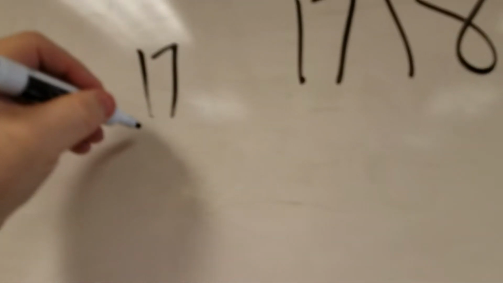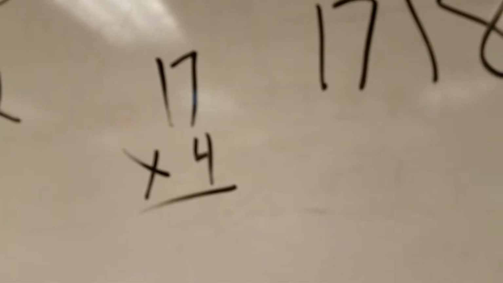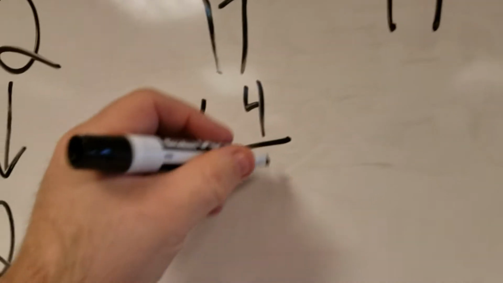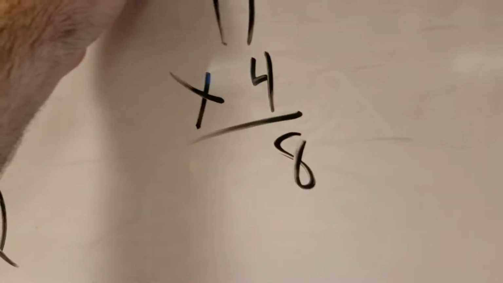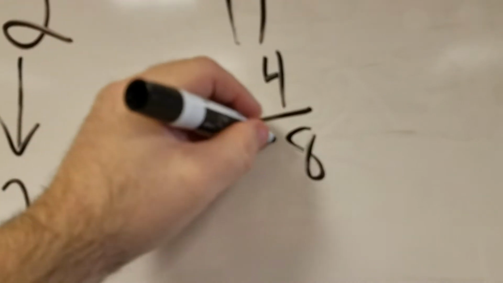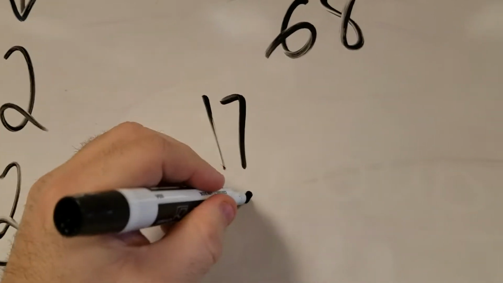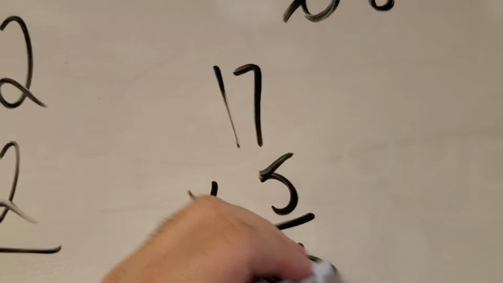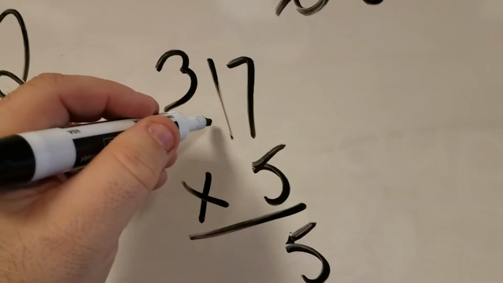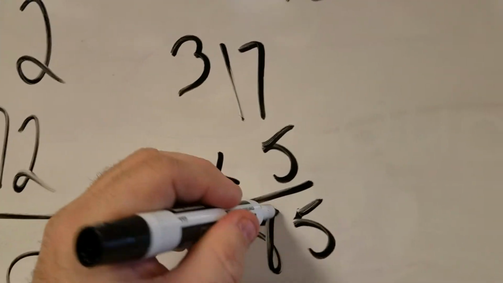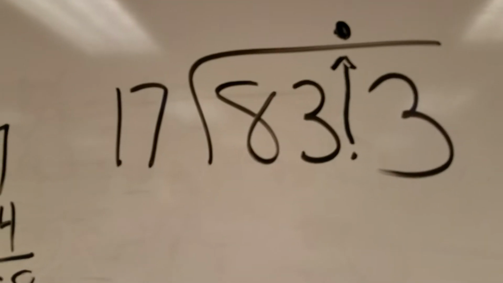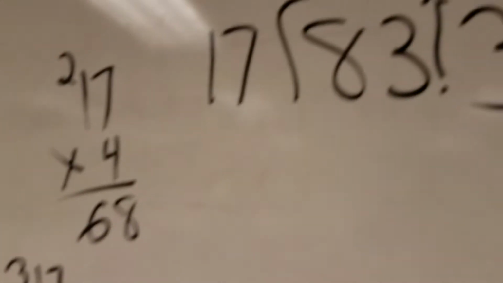Let's check over here and see if 17 times 4 will work. 7 times 4 is 28. 4 times 1 is 4, plus 2 is 6. That'll work. What about 17 times 5? Just in case. 35. 5 times 1 is 5, plus 3 is 8, 85. That's too much. We need 83, right?